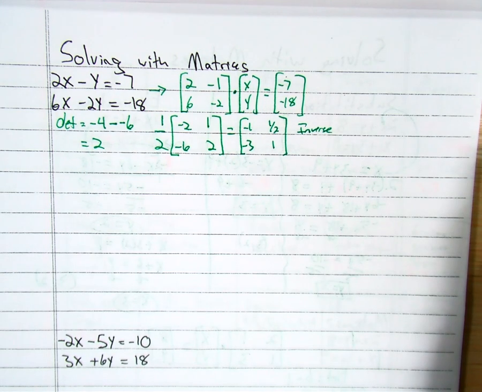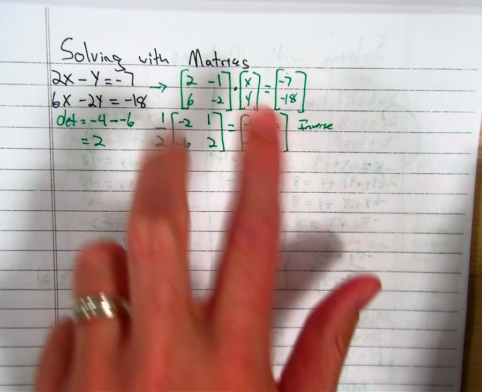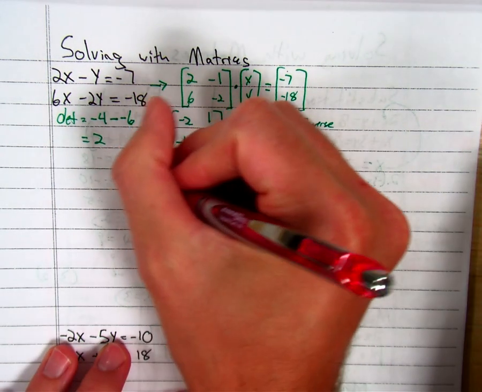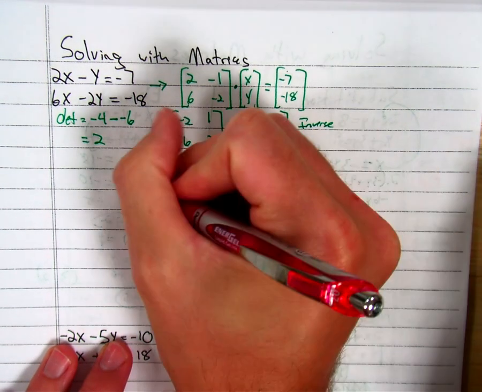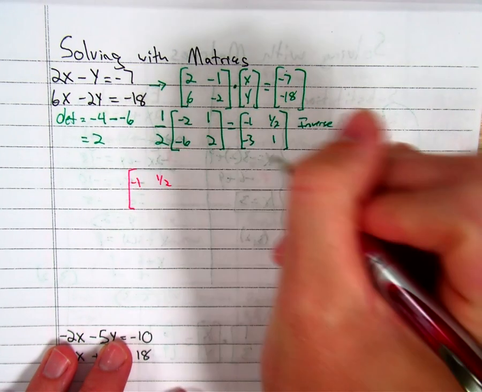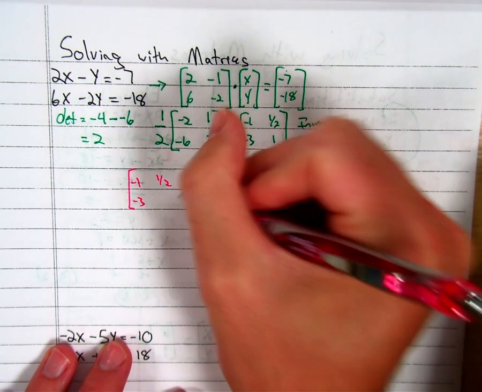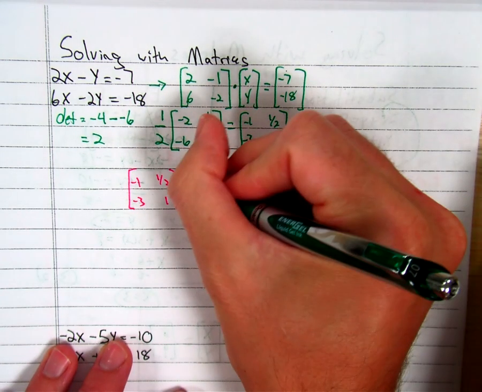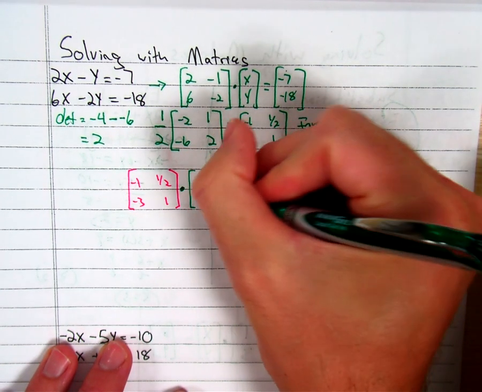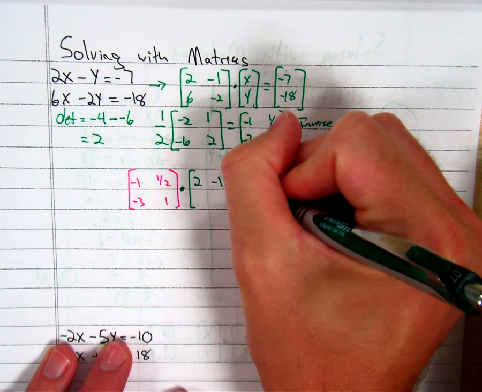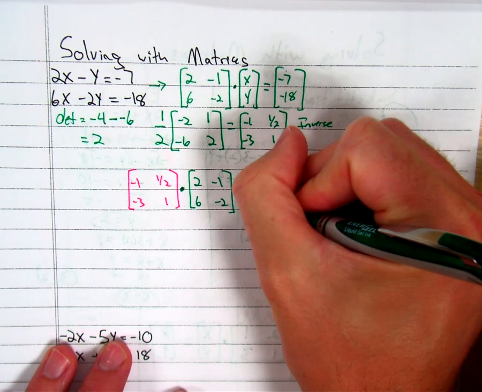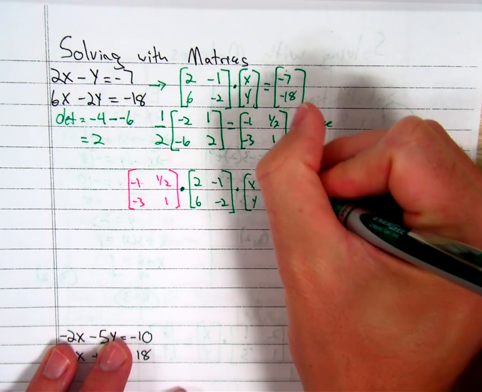All right. So we're going to take that inverse matrix to both sides of our equation. All right, now we're just writing down the rest of it.